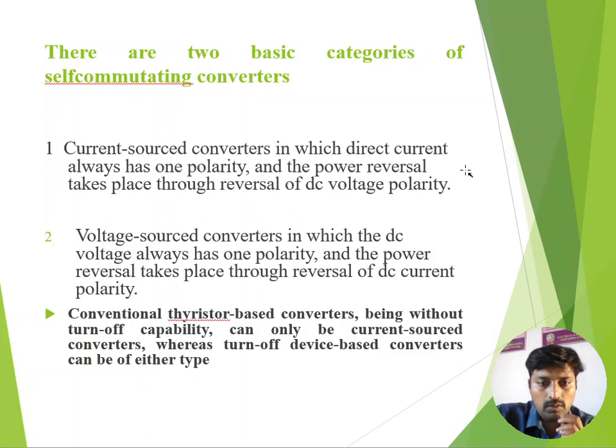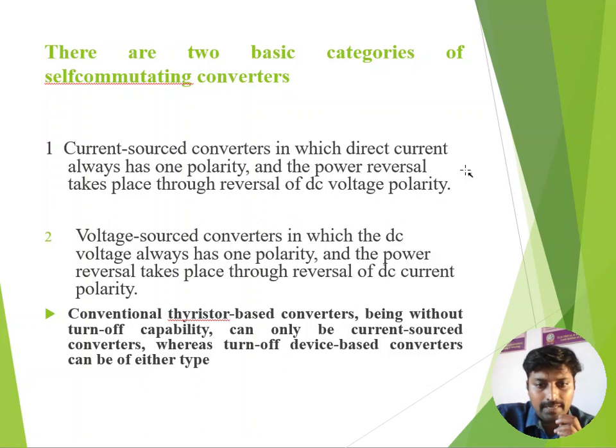When coming to voltage source converters, the voltage always has one polarity, and power reversal takes place through reversal of DC current. That means in a voltage source converter the current can be both positive and negative, and in a current source converter both positive and negative voltages are available.